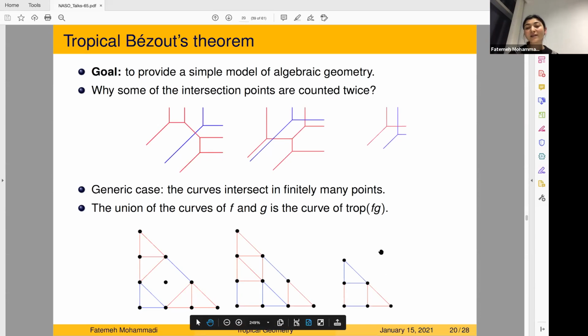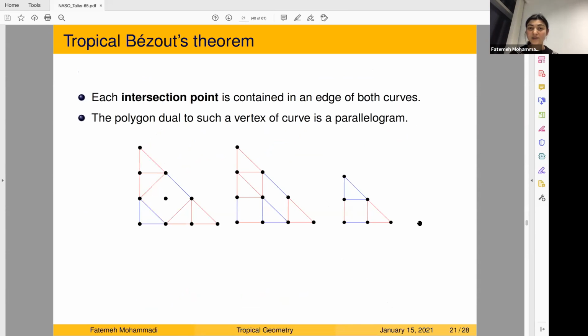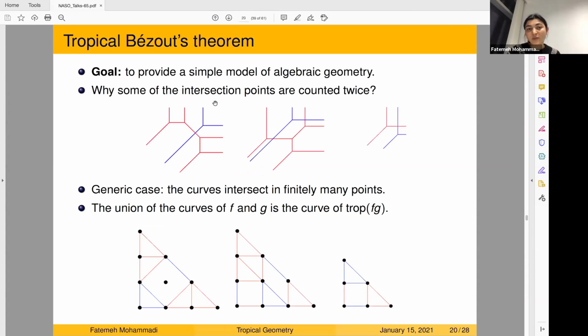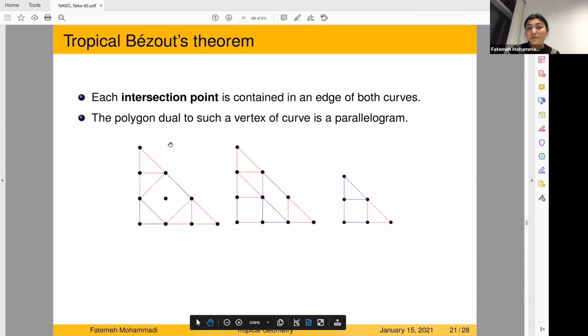Okay. And the observation here is that if I look at these, each intersection point, there is a duality, right? Each intersection point here corresponds to such a parallelogram.